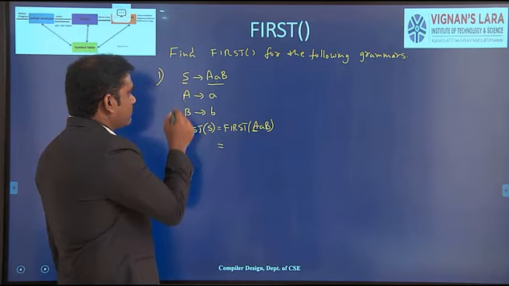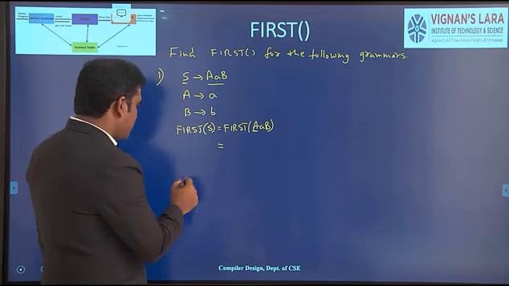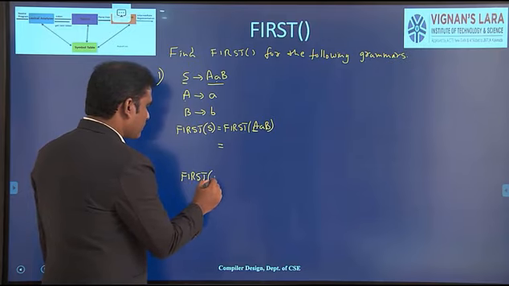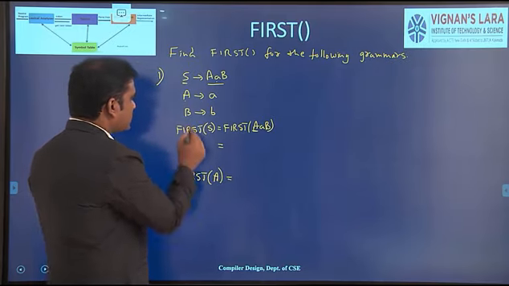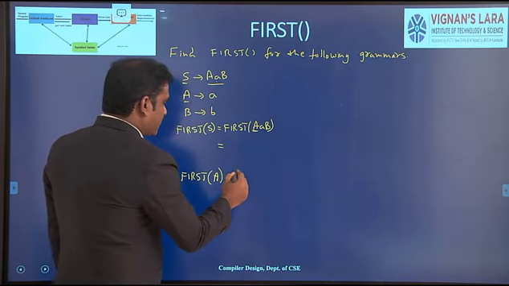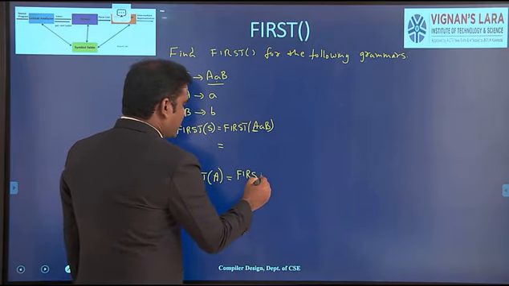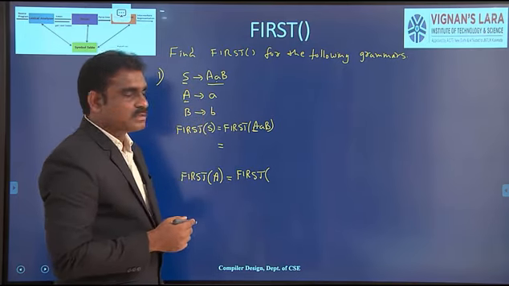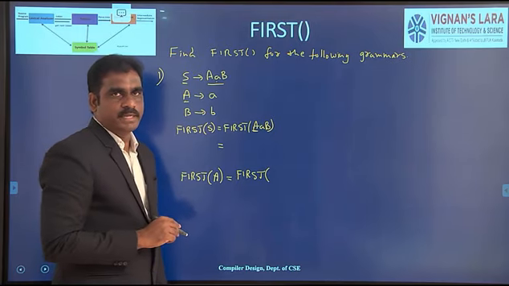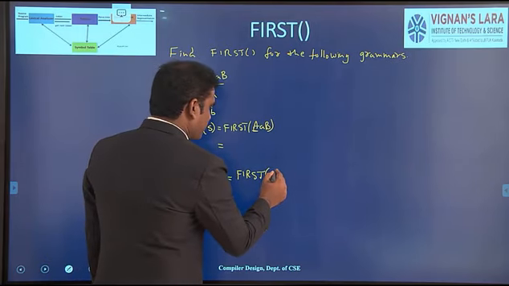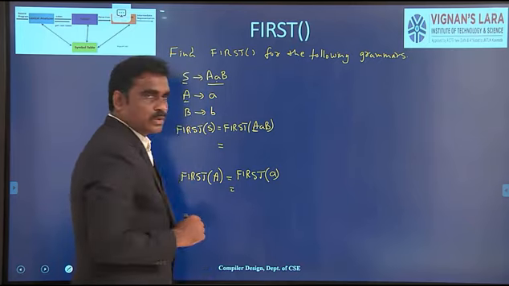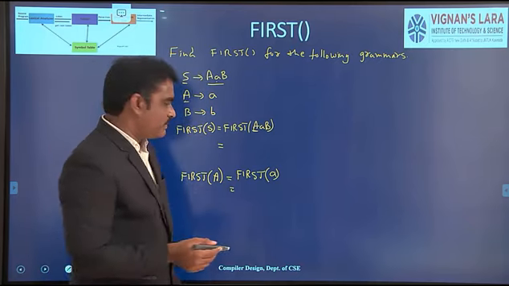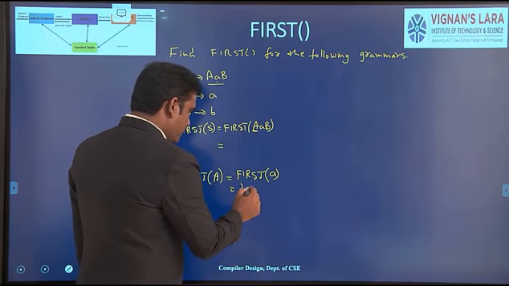So to find first of A, first of A equal to first of the right hand side first symbol. So here the right hand side has only one production, that too a single terminal symbol. So as per rule 1, first of a terminal symbol equal to the same terminal symbol. So first of A equal to a only.